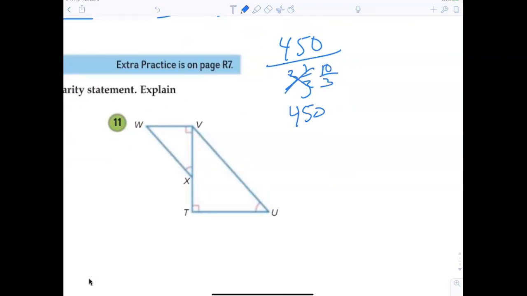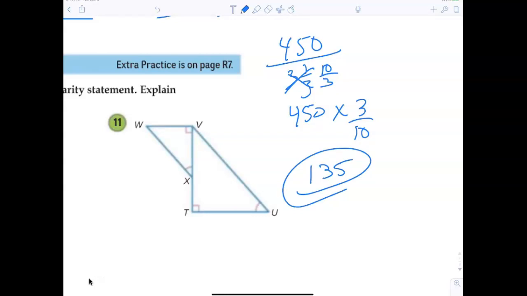So it's 450 times 3/10, which is, what is that? 135. Right? 45 divided by 10, cross out the zeros. 45 times 3 is, I just counted by 45s, 90, 90 plus 45, 135. Everybody okay with that?